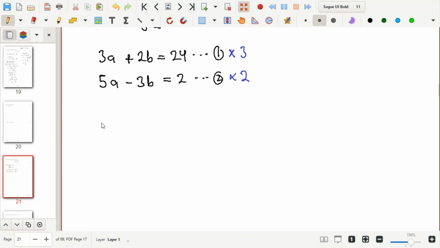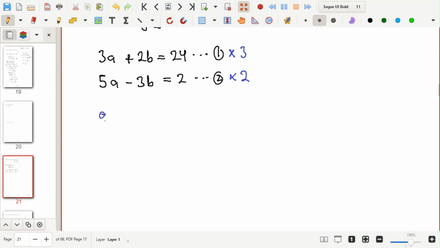I believe you can solve simultaneous equations. So I did that because I want to get 6b plus 6b and minus 6b. And I know that we can solve them by elimination. Because when I get 6b and minus 6b, both of them are the same variable. Just that the operations are different. So if I add them, I'll get rid of them. So I'm using the elimination method.